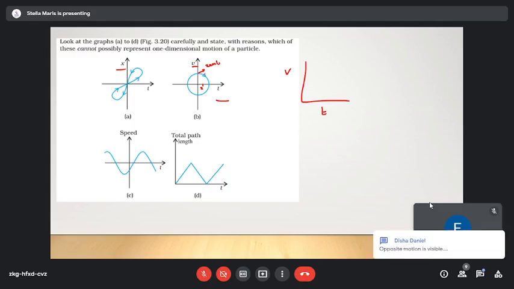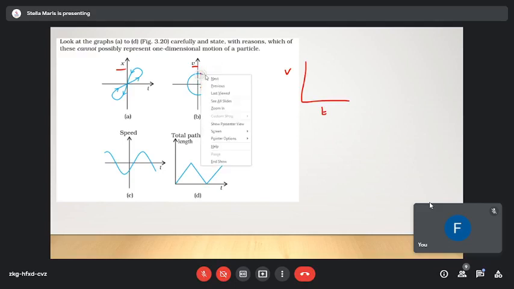So at 2 seconds, what is the velocity here? I'm just assuming it is 20 meters per second. So what is the velocity at that point? Come on, it is 20 meters per second only, no? Yes, sir. Similarly, at this 2 seconds, there is also a velocity in the negative direction.